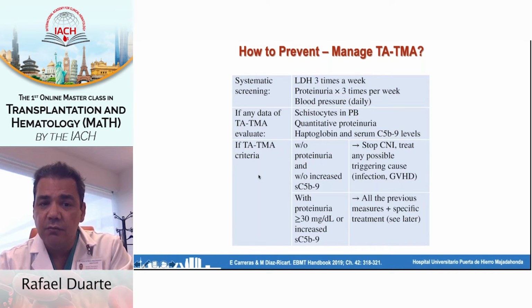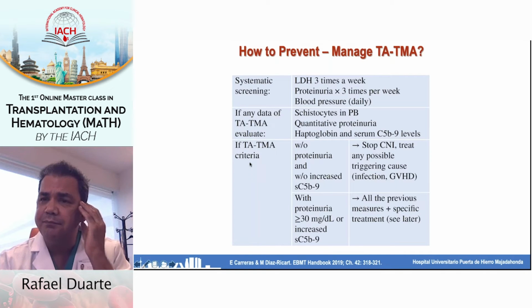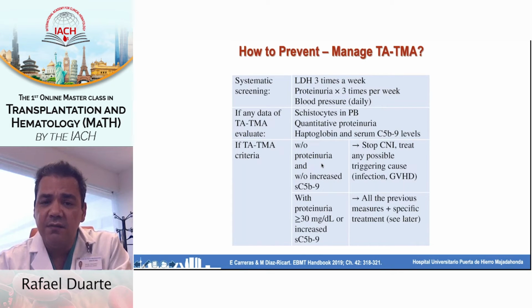And then if patients do get criteria for TA-TMA, the management is in keeping with what we saw in the algorithm before. If that happens without significant proteinuria and without an increased soluble serum C5b9, then the actions would be stop calcineurin inhibitors, treat any possible triggering cause, infection, GVHD, and we'll stay there.